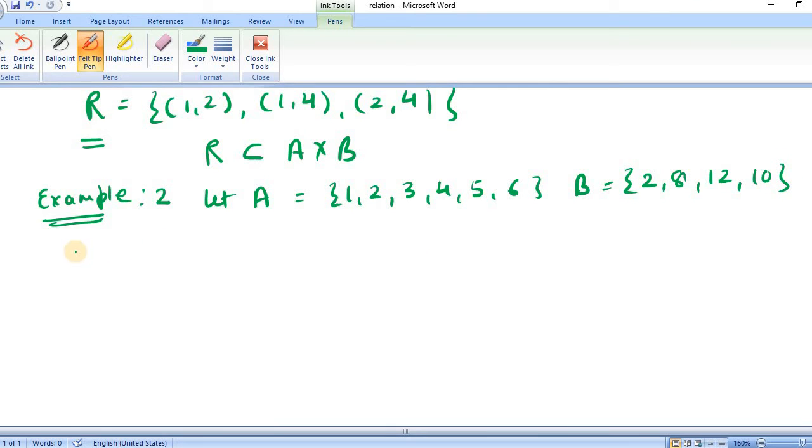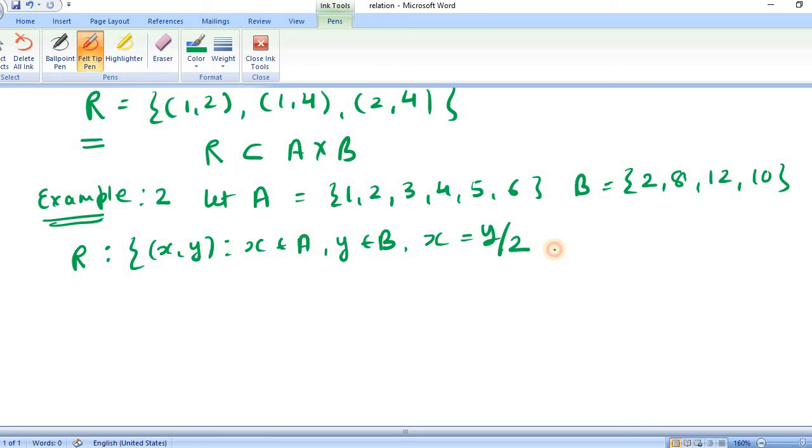And now a relation R is defined such that x comma y, where x will come from A and y will come from set B, such that x is equal to y upon 2. Okay, so this is the basic relation, that x is equal to y upon 2.